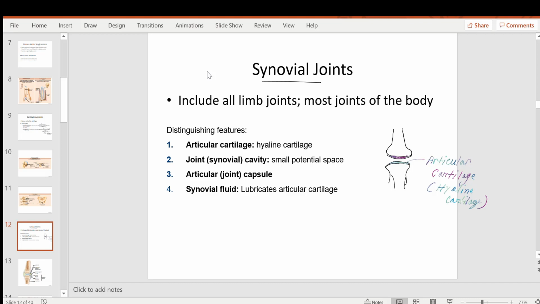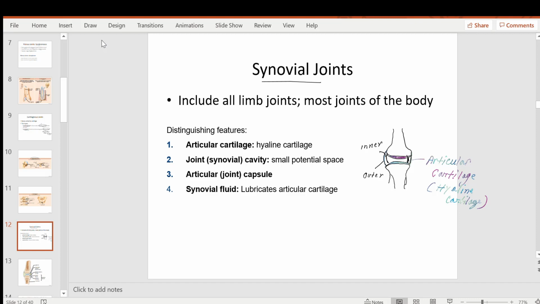Then you'll see the joint is covered by a capsule. The joint is wrapped by the capsule, and the capsule has two layers. So this is the outer and this is the inner layer of the capsule.